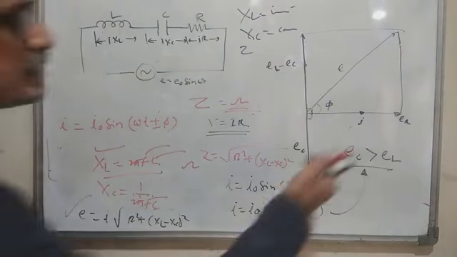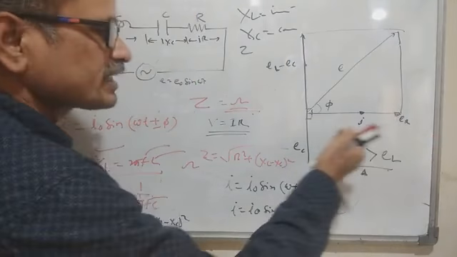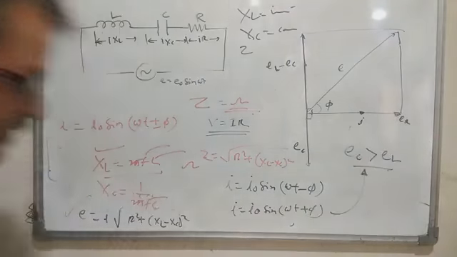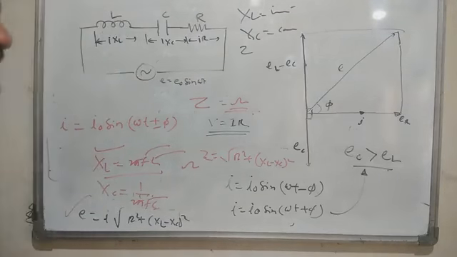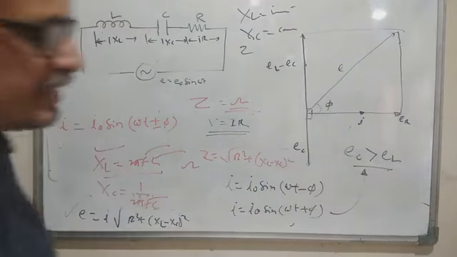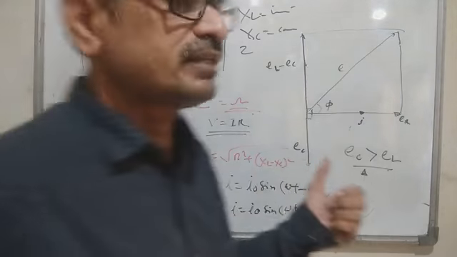So we are seeing that in case of resistance, the alternating EMF and the current are in phase. In case of inductance, we have seen the current lags and the EMF leads. In case of capacitance, we have seen the current leads and the voltage lags.